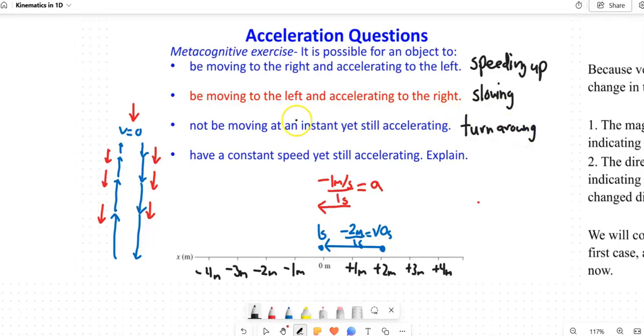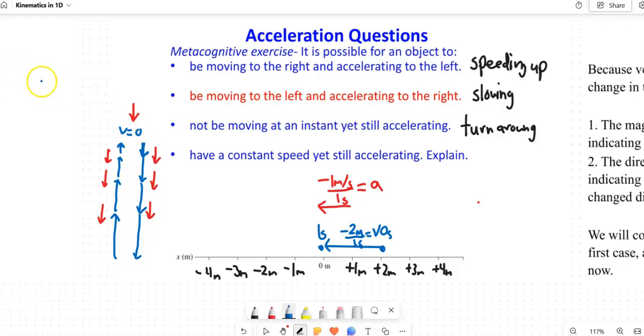When you have no velocity vector but an acceleration vector, that can only happen when an object is going from moving upwards and turning around to moving downwards. In that one instant between up and down, it had to come to a stop, yet there is an acceleration vector on you.